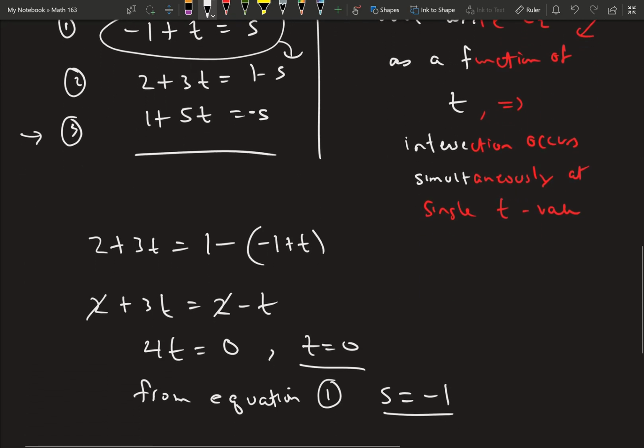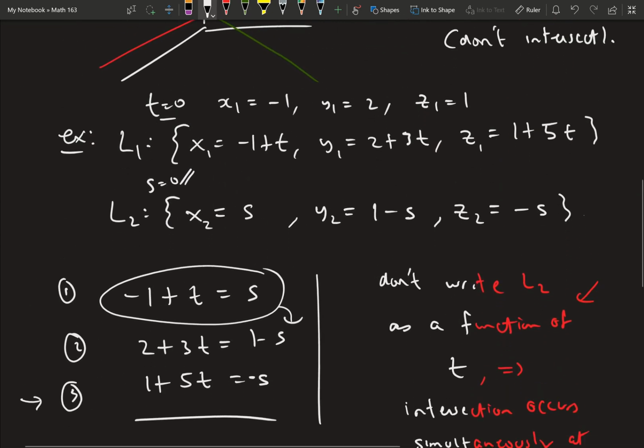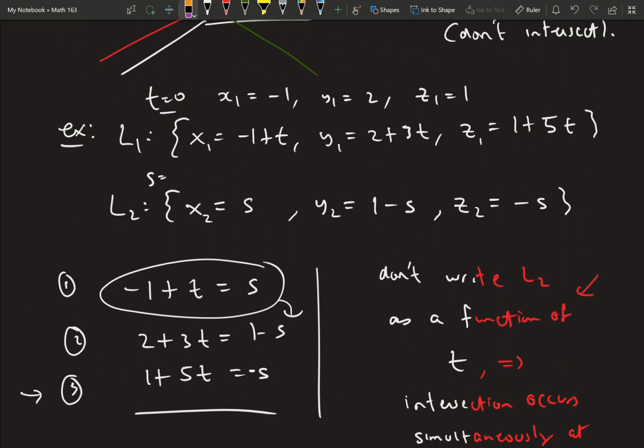Sorry, s was not 0, s was minus 1. So at s equals minus 1, we get x2 equals minus 1, y2 is equal to 2, and z2 is equal to 1. So indeed, these are the same.